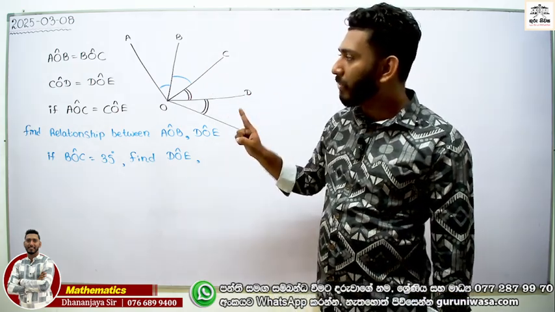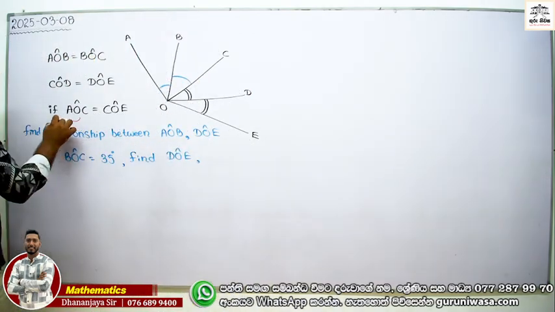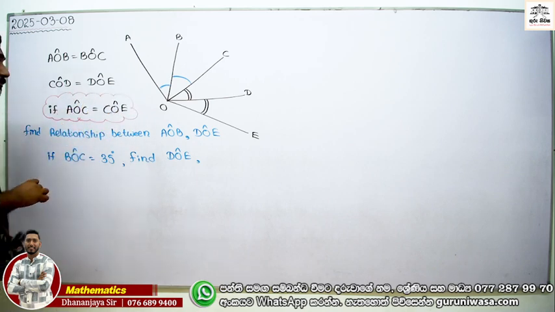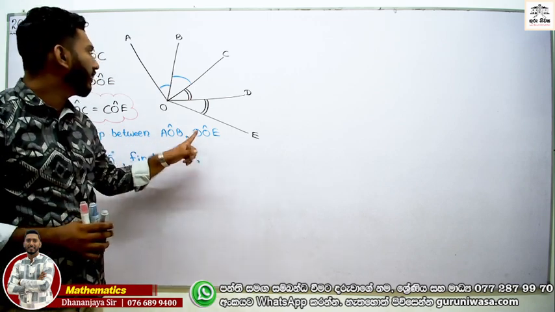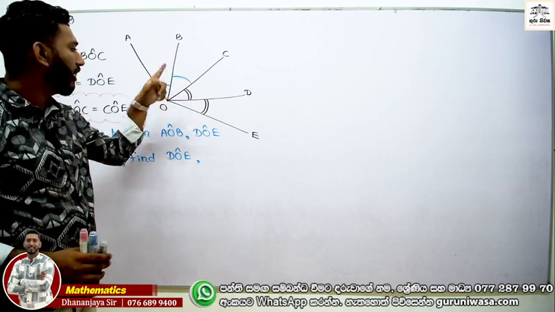If AOC equals COE, remember, this is the main character, find the relation between AOB and DOE.